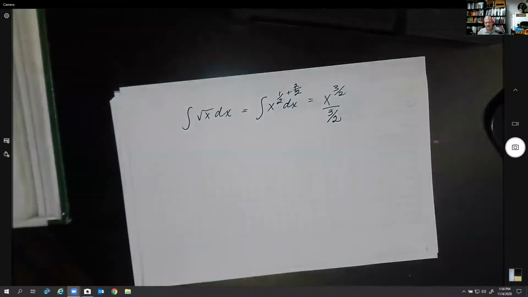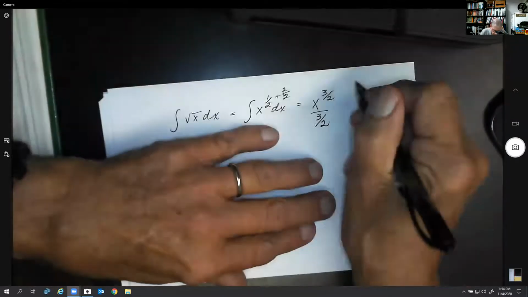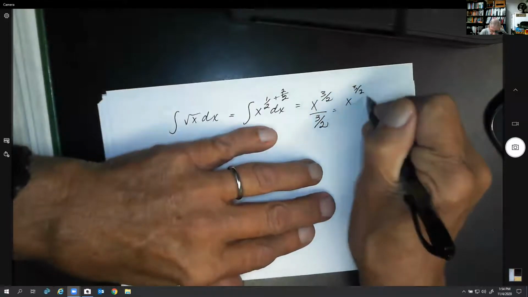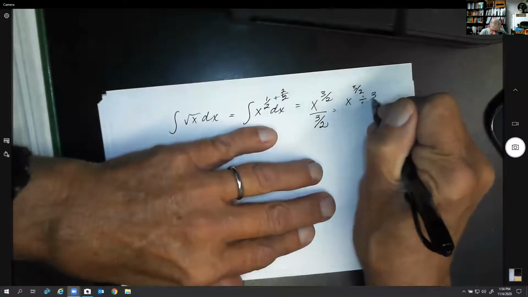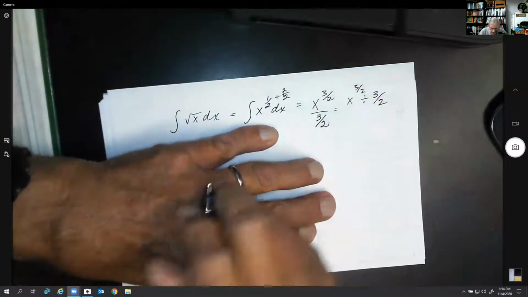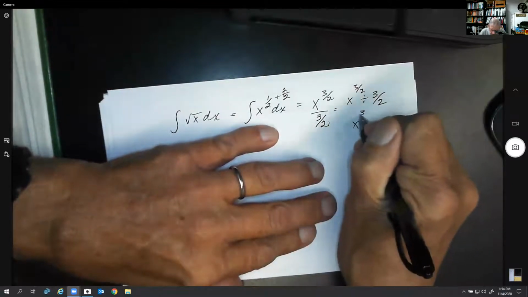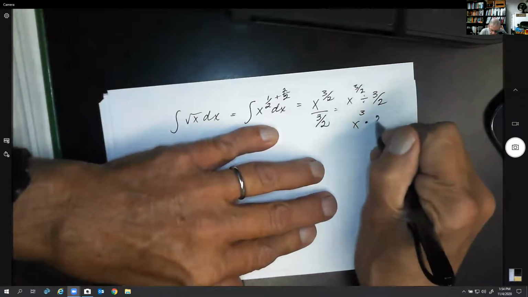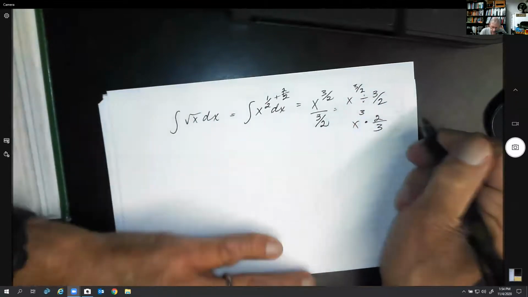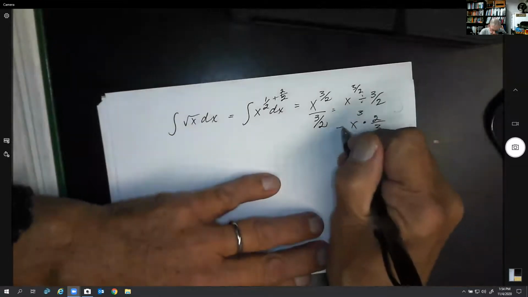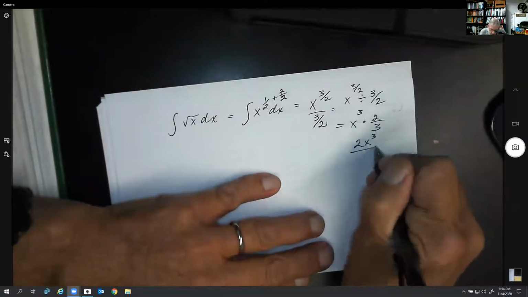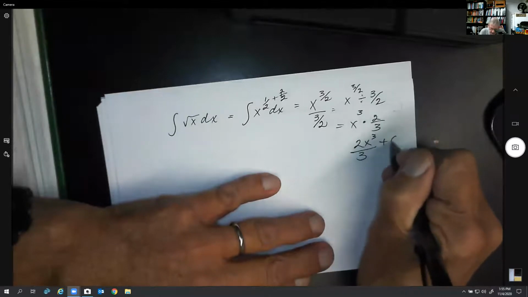Well, we don't want to write the problem that way. So what would that be? Just expanding out, x to the 3 halves divided by 3 halves is x to the 3 halves times, when we divide by a fraction, we use the reciprocal, 2/3. So that equals 2x to the 3/2 over 3 plus c.